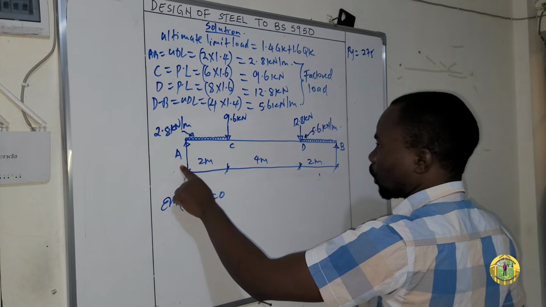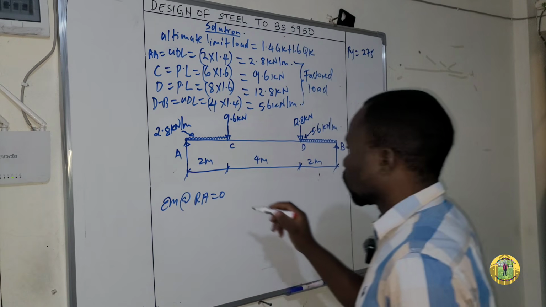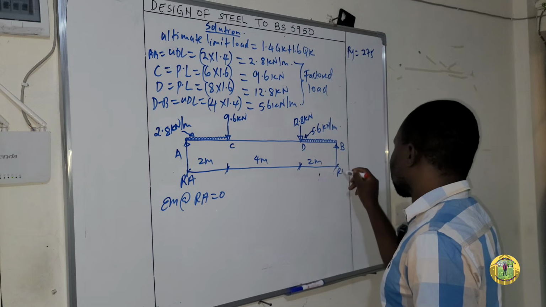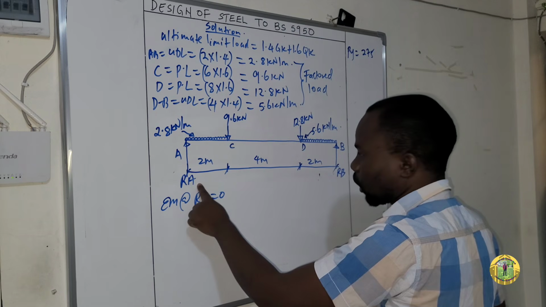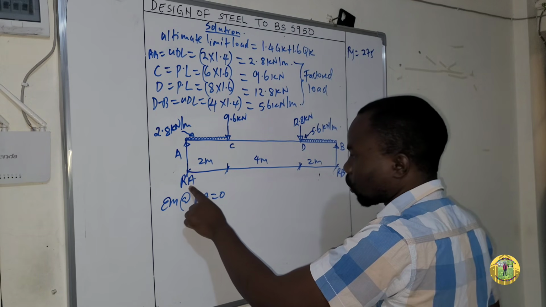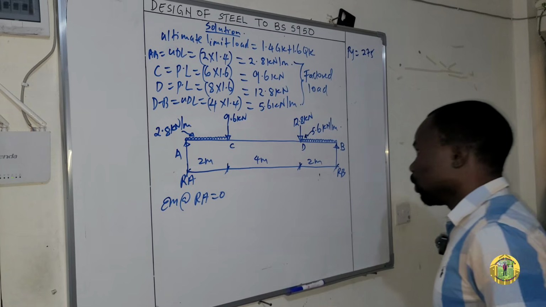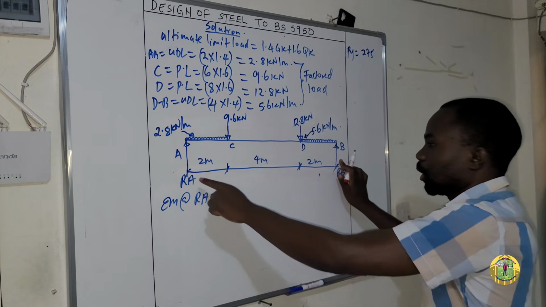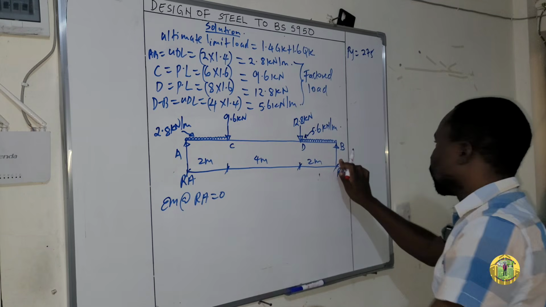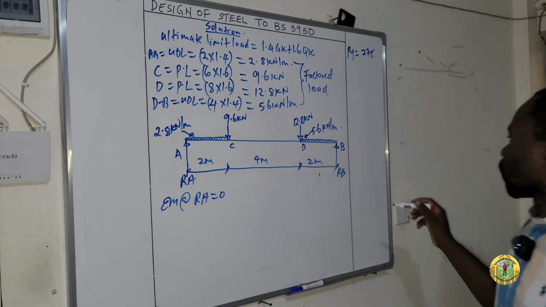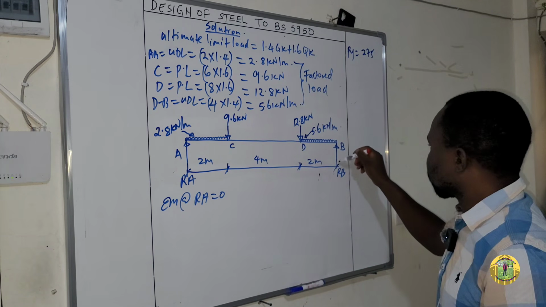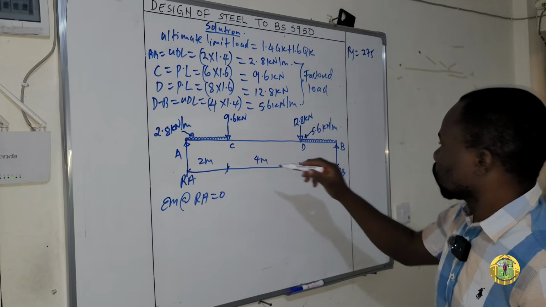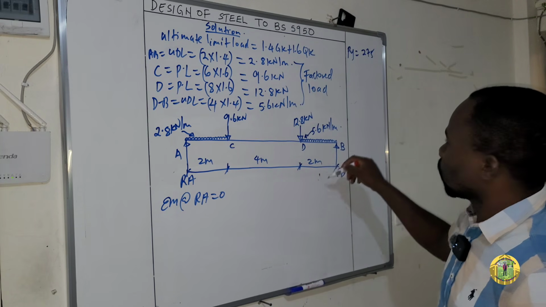This is reaction A, and this is reaction B. For reaction A, the distance is 0, so RA times 0 is 0. So we will come to this RB. RB in reference to RA is moving in which direction? As you can see, this RB is moving in an anti-clockwise direction, like this.